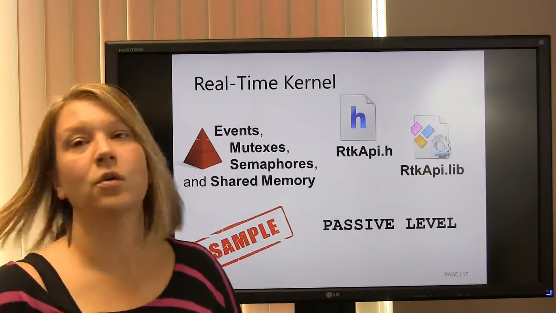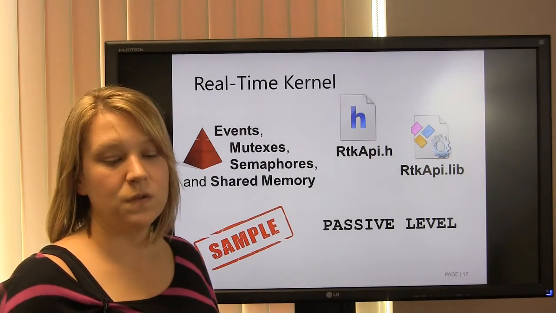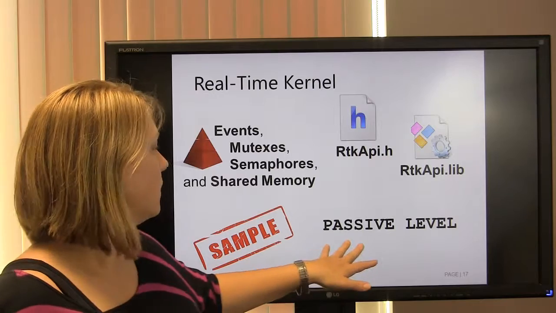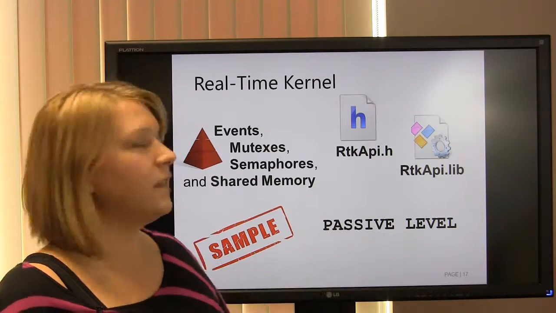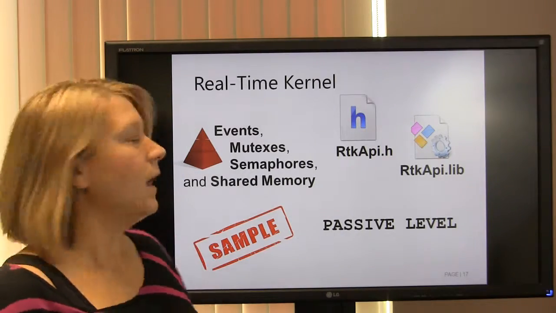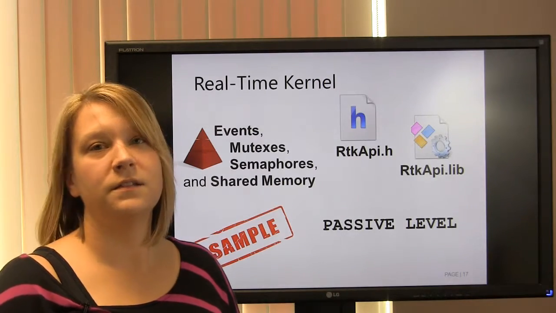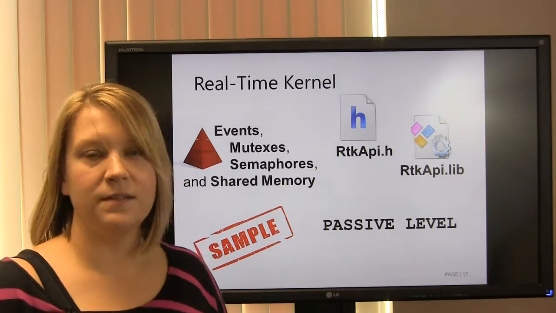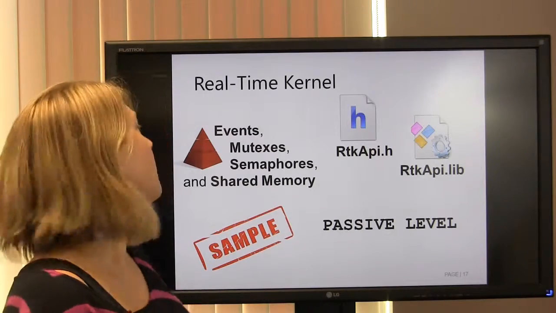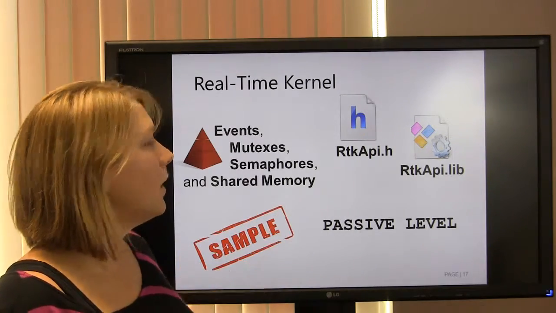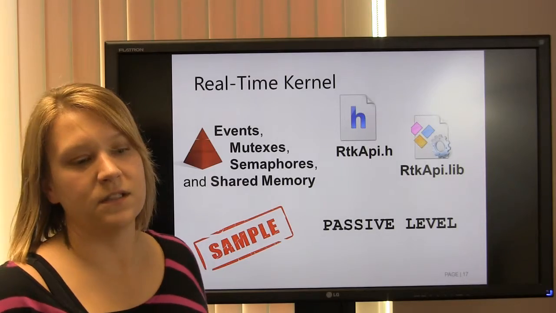You can now do that in a kernel driver. The one difference here is that everything needs to be called at passive level. We've also provided a sample for you. RTK IPC is a sample that shows you how you would write a Windows driver that uses this functionality.